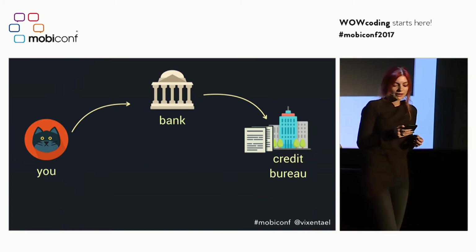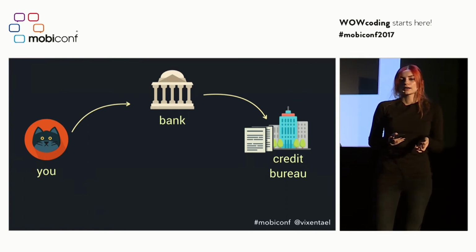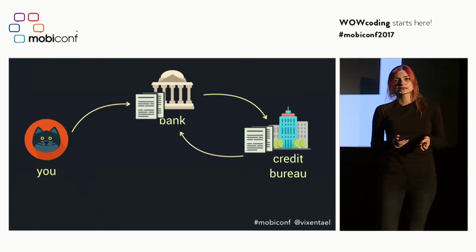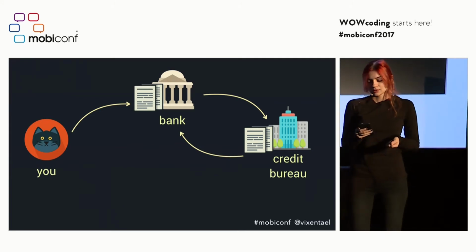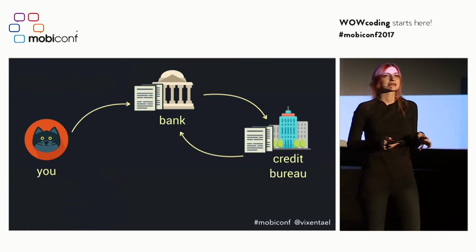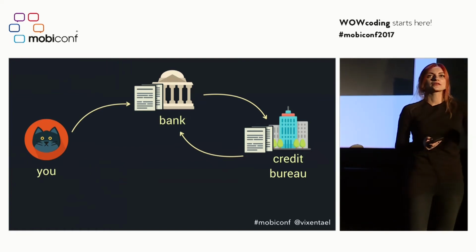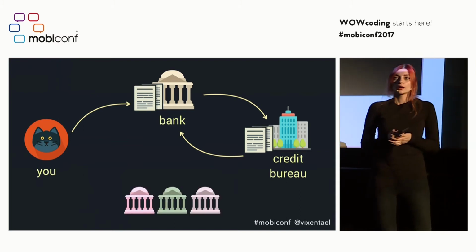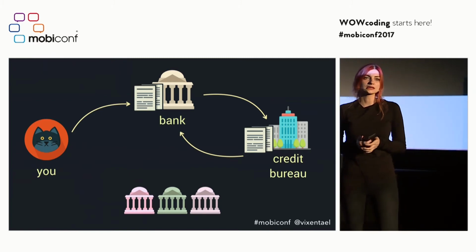The credit bureau has this request, and the easiest thing it can do is send all the information to the bank. Easy. Sometimes banks ask for even more information than they need. Sometimes they ask everything about you. However, it's not the first bank Mr. Cat is dealing with.